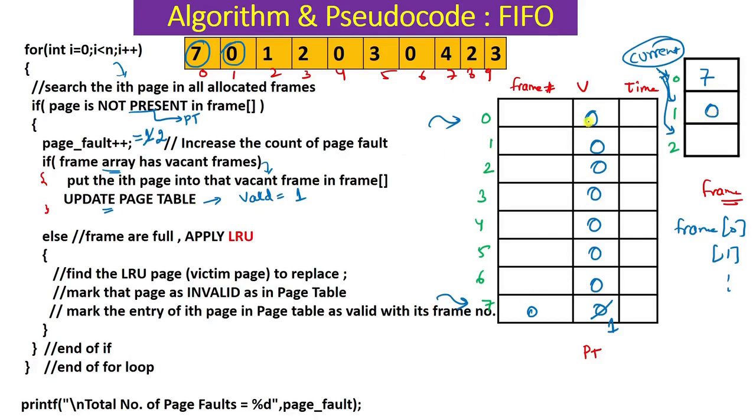I'll put 1 here and the frame number 1 here. Basically I forgot to update the time of access, right? In the previous case for 7, my time of access was 0. For this 0th page, time of access is 1. Now I will update current here, so my current has become 2. So next time when 1 comes, it will be placed here.